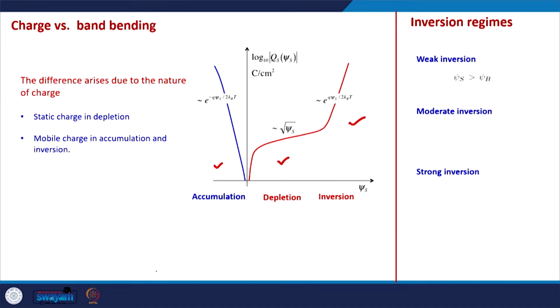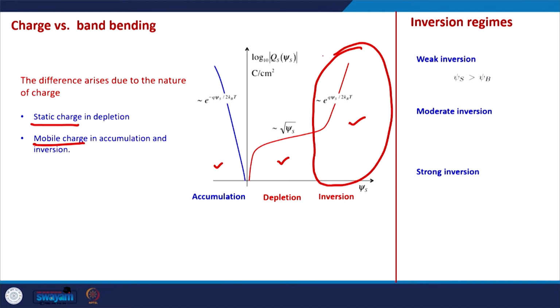And as we know, in the depletion region, the major charge is the static charge. In the accumulation and the inversion region, we have the mobile charge dominating the semiconductor charge. And so this is an important point here, because there is a difference in the nature of the various charges.